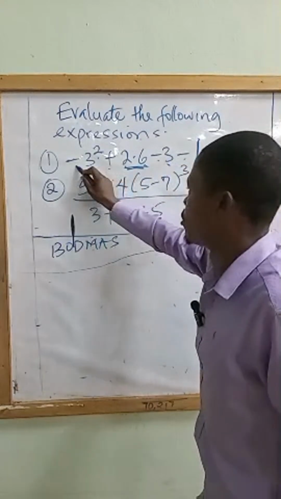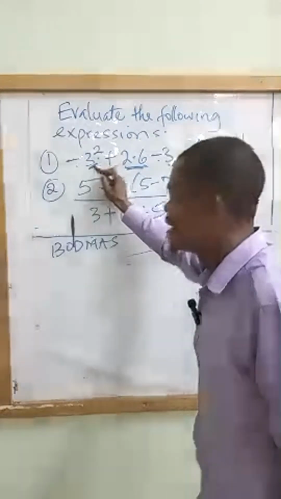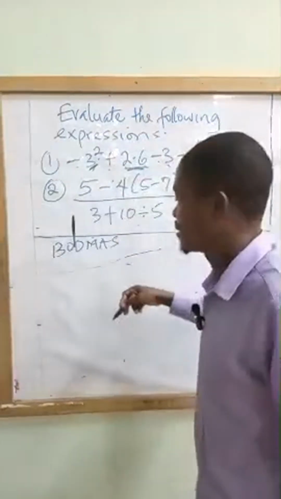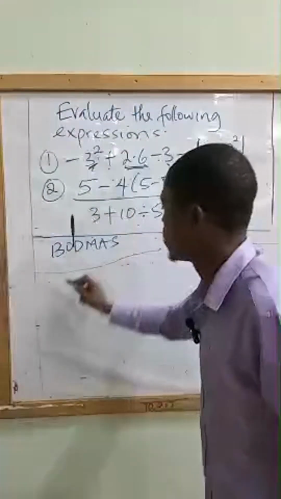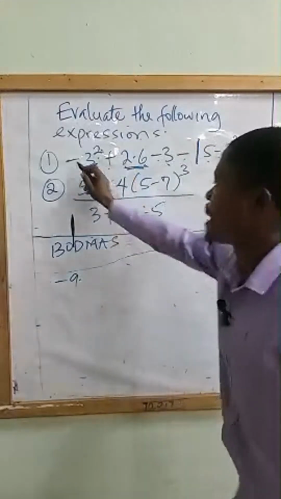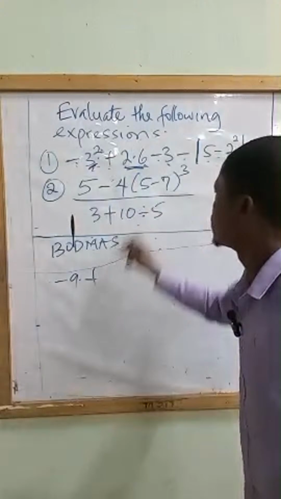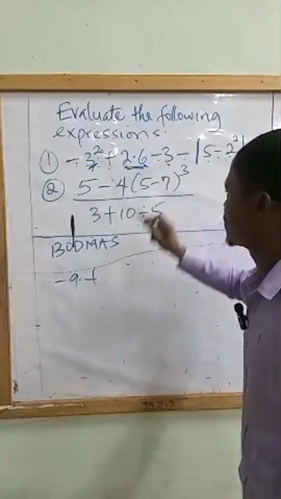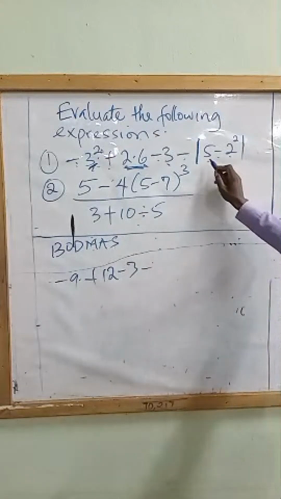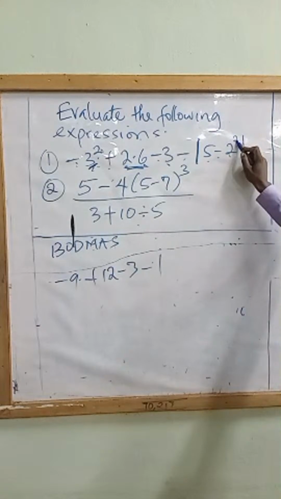This square is going to affect the 3 only because there is no bracket in that place. So it's going to be minus 3 squared, that will be minus 9. 3 squared is 9. The minus is standing alone. So plus 2 times 6, that's 12, minus 3, minus absolute value, 2 squared is 4.